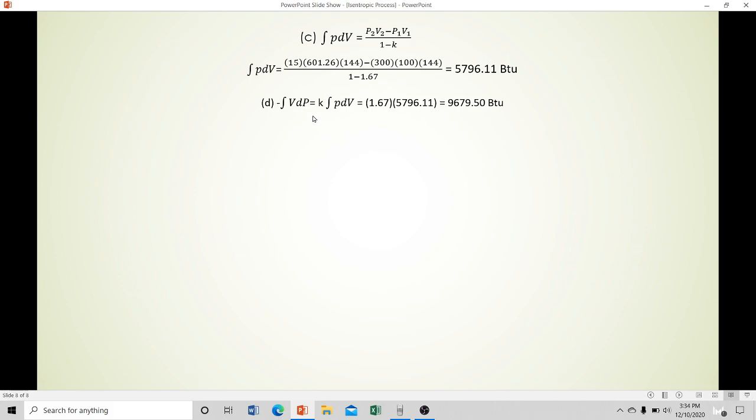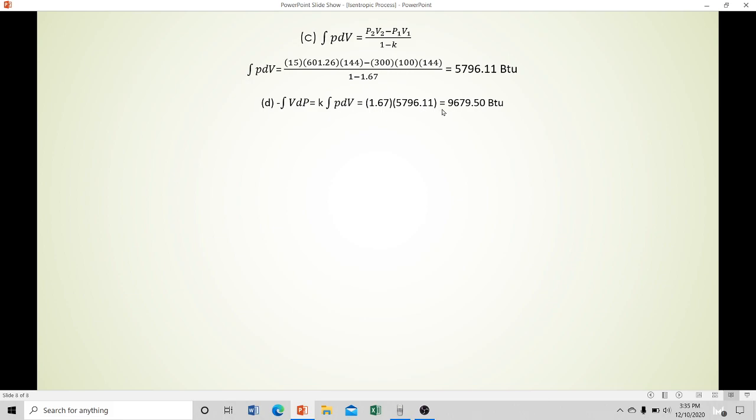Since we have concluded that the steady flow work is K times the non-flow work, or K times the integration of PdV, and since we have the value of non-flow work, 5796.11 BTU, we just multiply it by 1.67, the specific heat ratio.